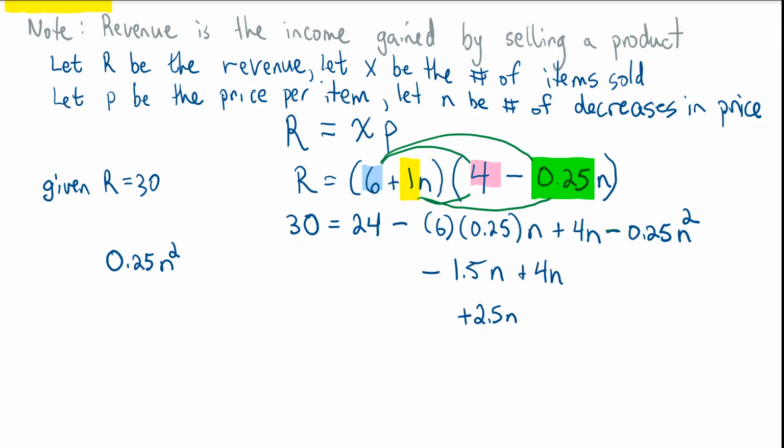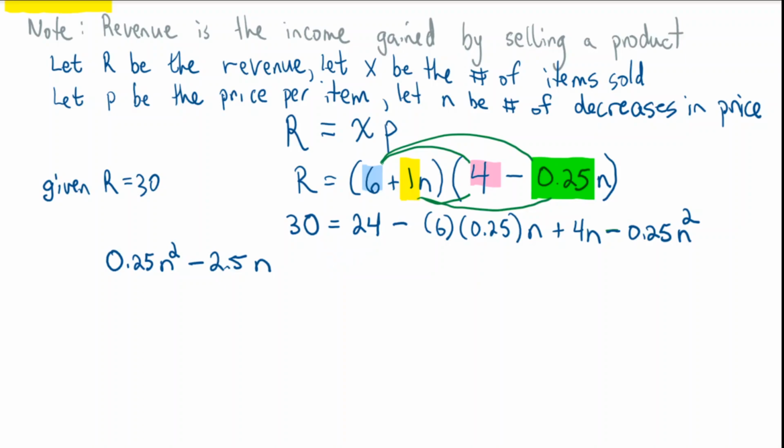I'm going to bring it over to the left side. So I end up getting negative 2.5n on the left. And then I'm going to lastly bring this 24 over to the other side.